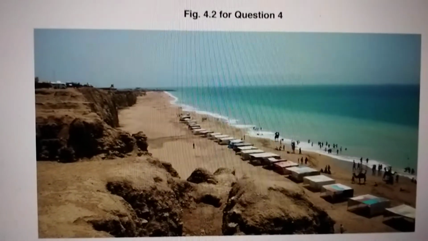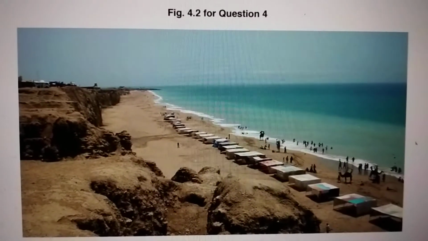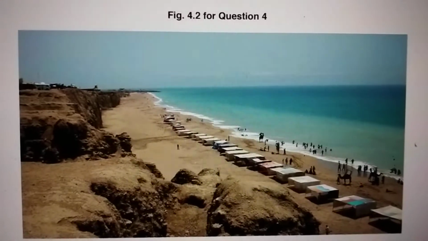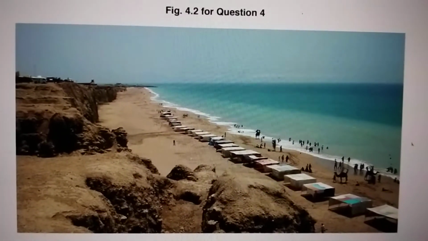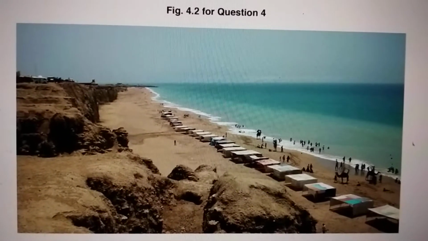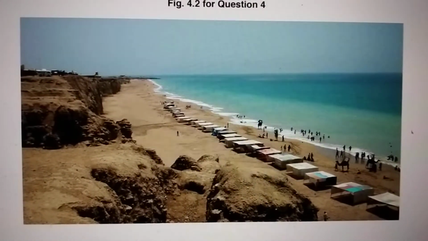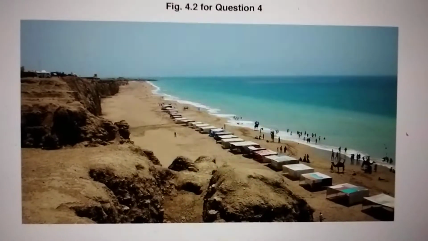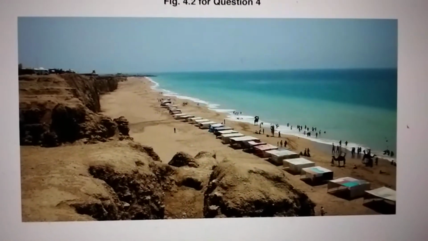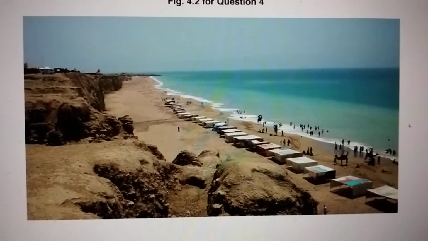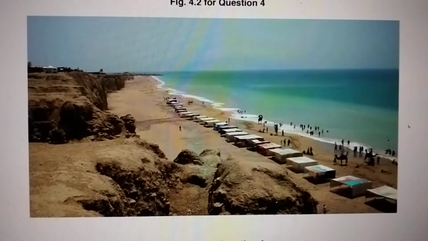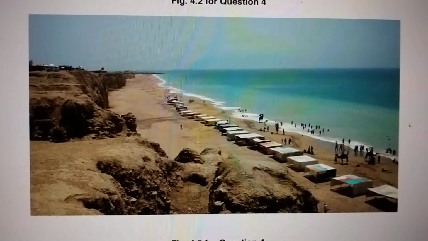This is our first source picture, figure 4.2 for question number 4. We have to tell how it is a tourist attraction, and it is one of the most attractive tourist attractions, I would say, in Pakistan. These are the beaches which are there in Karachi and also in Gwadar.